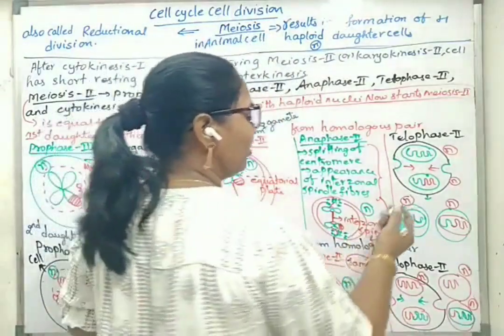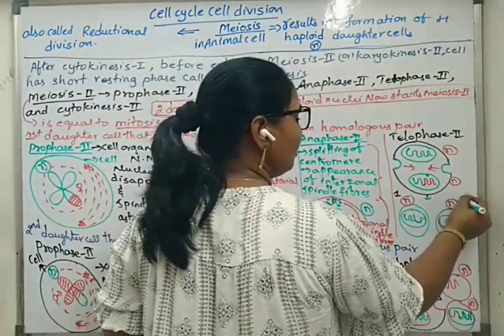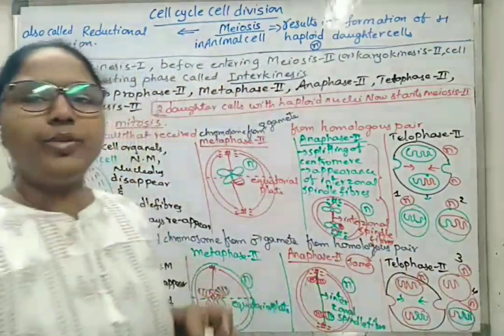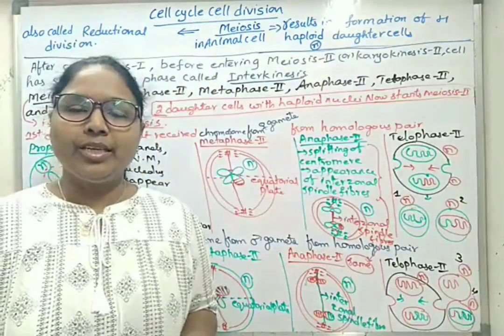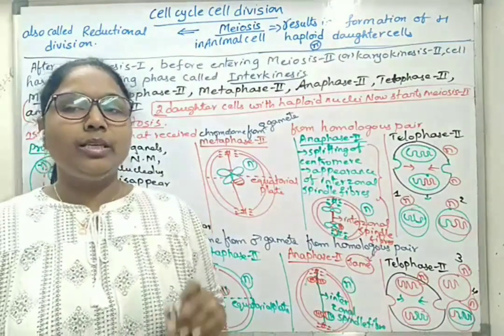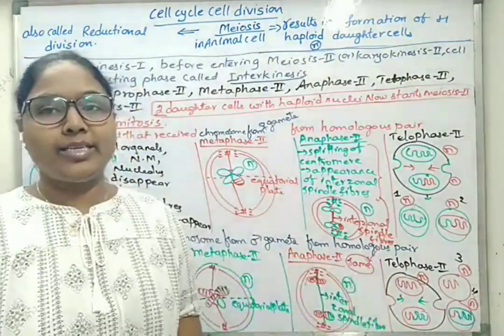If we count 1, 2, 3 and 4, we have seen the formation of four haploid daughter cells by the end of meiosis 2, even after cytokinesis.